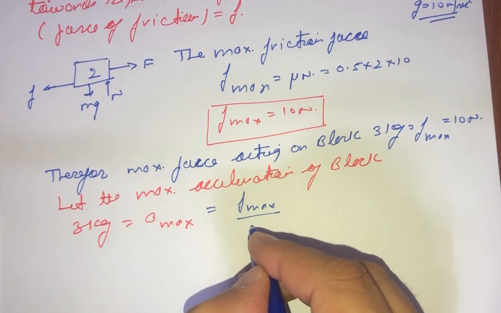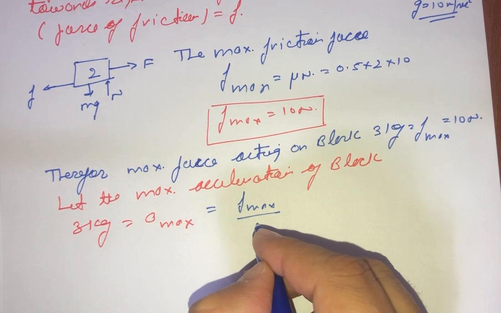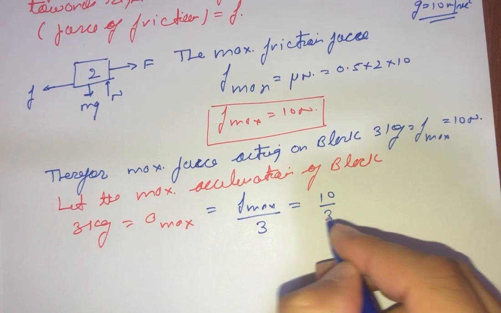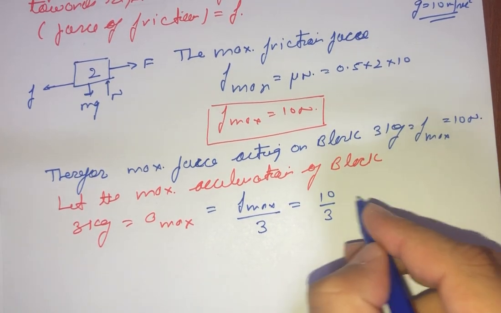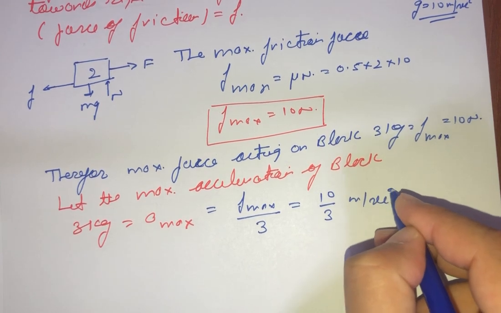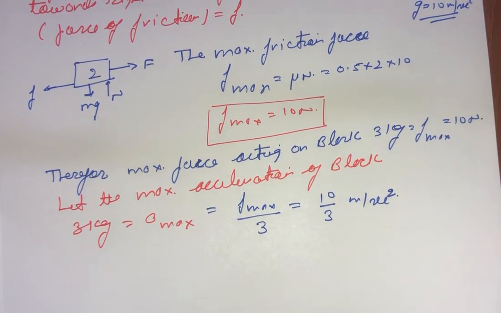Mass is 3 and F max is 10. So the maximum acceleration will be 10 by 3 meter per second square. This will be the maximum acceleration.